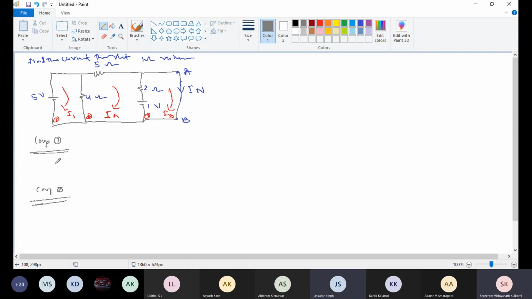First tell me what I have drawn here: minus I1, 4 I1, I2, I3. Minus 4 I1 is equal to 0. No, first tell me if I'm going to short circuit that.